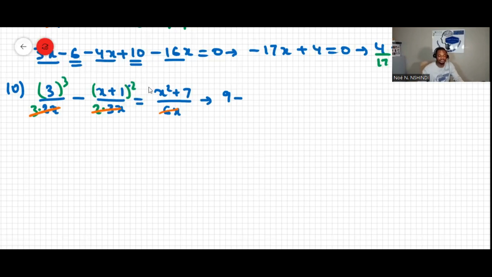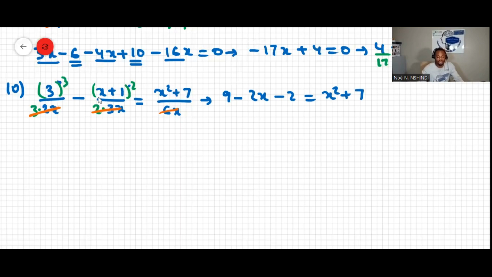It's not 3 squared. So 3 times 3 is 9. Over there, it's going to be 2 times x, but there is a negative sign here, which affects everything. So it's going to be negative 2x, and then negative 2, equal to x squared plus 7.